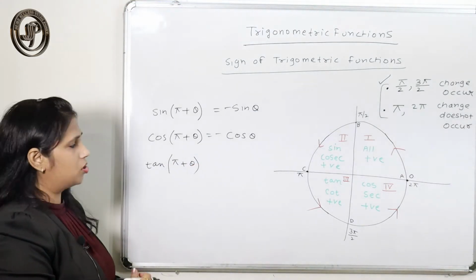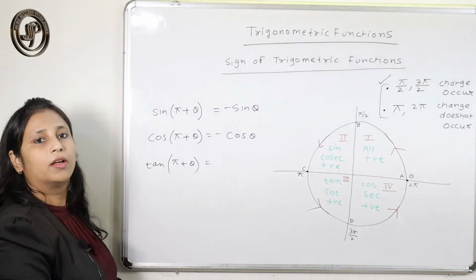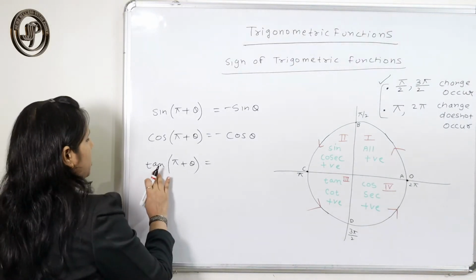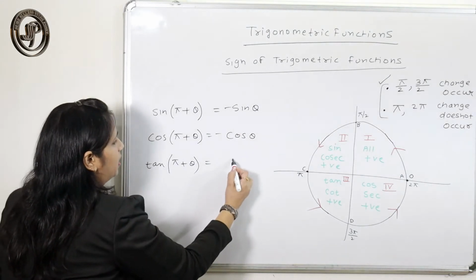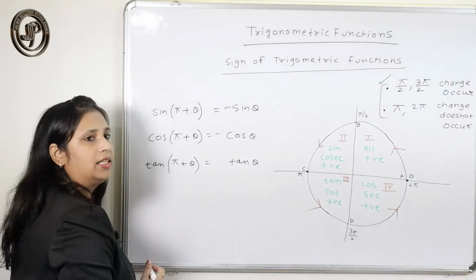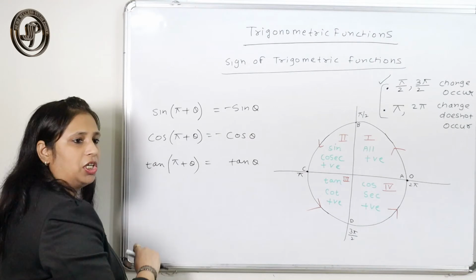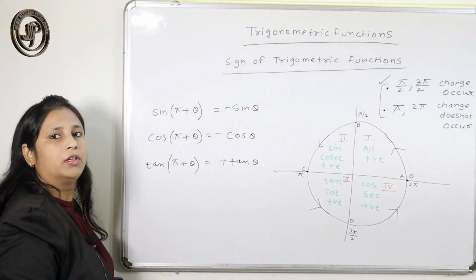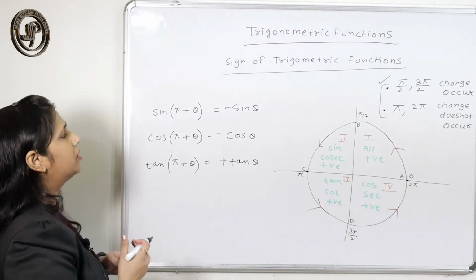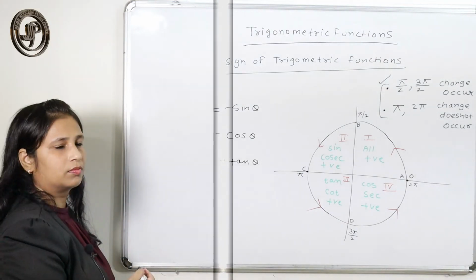You can do it yourself. Just I am telling you, tan pi plus theta will be tan theta, because pi no change. Tan in third quadrant is positive. So this way you can write the other trigonometric functions also.